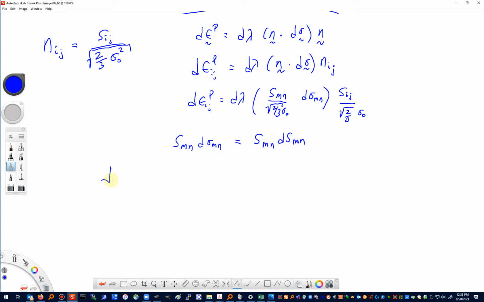So now we have d epsilon ij plastic is equal to d lambda, we have an Smn dsmn, we have an Sij, and then we combine these terms, it's 2/3 sigma naught squared on the bottom, where sigma naught is the current yield stress.